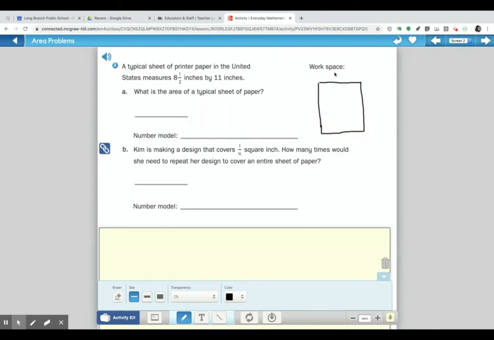So I have 8.5 for my width, and my length, I'm going to put 11 right over here.